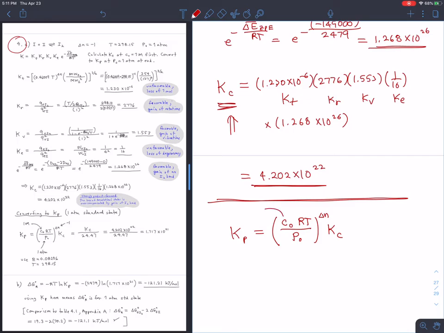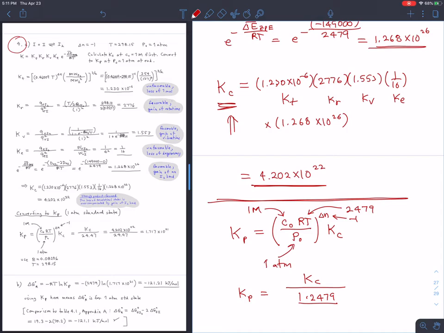C0 is 1 molar, P0 is 1 atmosphere, and RT is 2479, since we're at 298 K. Delta n is minus 1 for this reaction, so Kp is equal to Kc over 1 times 2479 over 1.